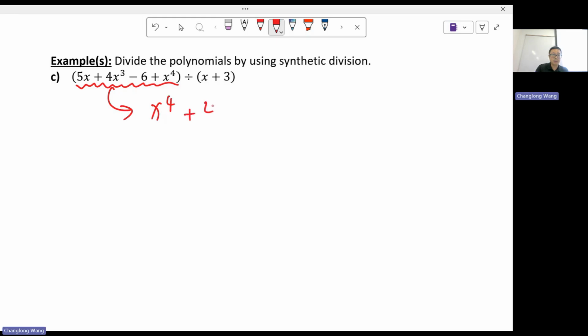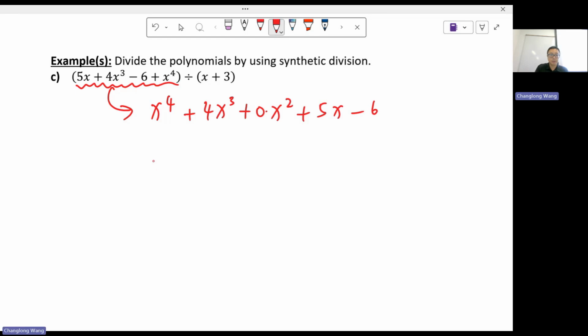Then we have 4 times x to the 3rd. Then we're missing the second power, so let's put 0 to hold the place for the quadratic term, plus 5x minus 6.